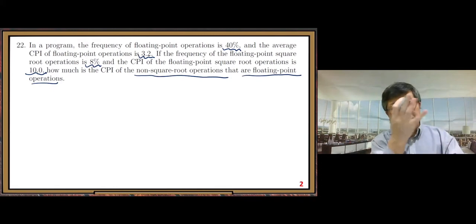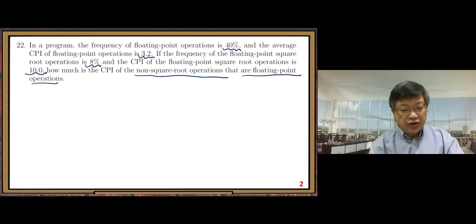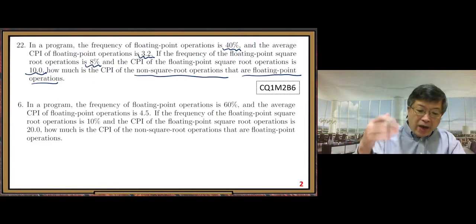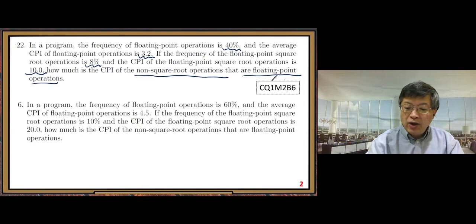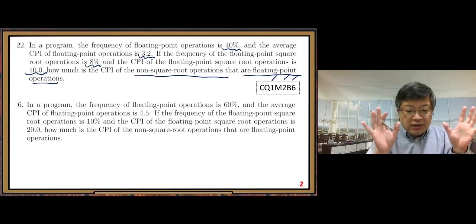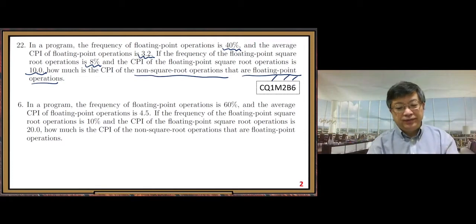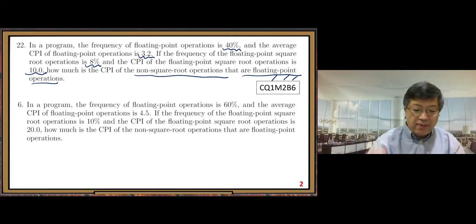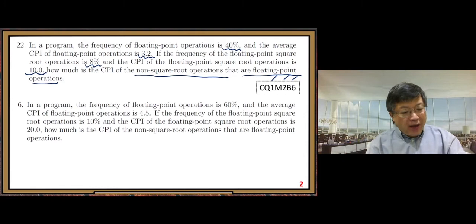That's the situation we have. We have a similar question in our comprehension question set 1, module 2, part B, question 6. In this one, only the numbers are slightly different. Pretty much the same. And we have the solution.